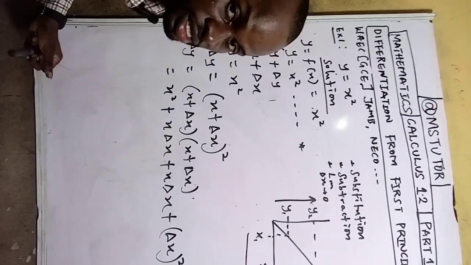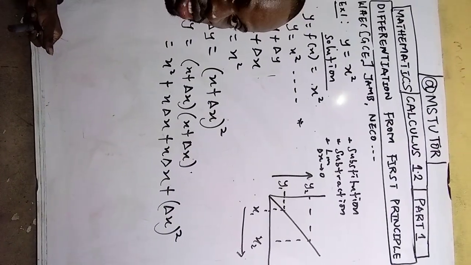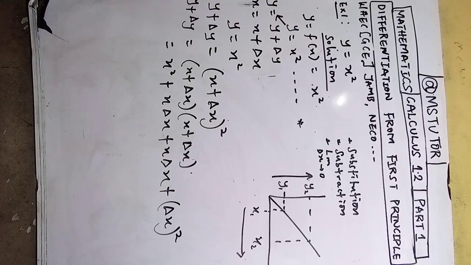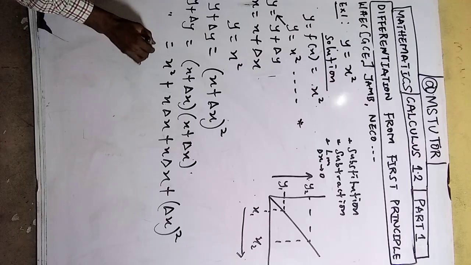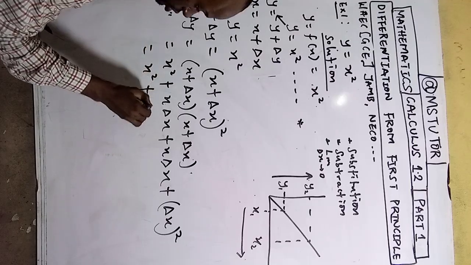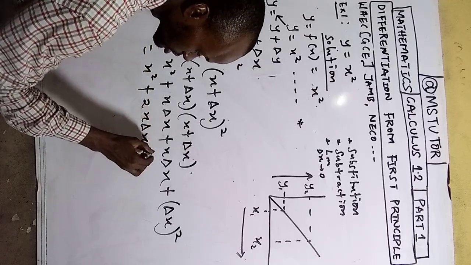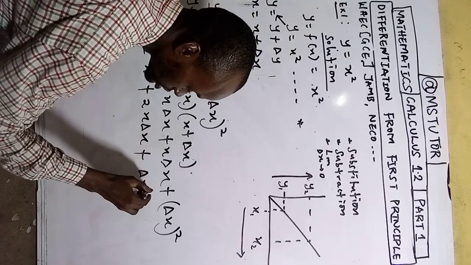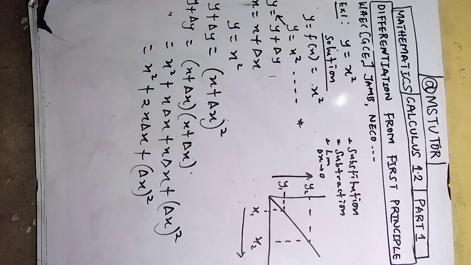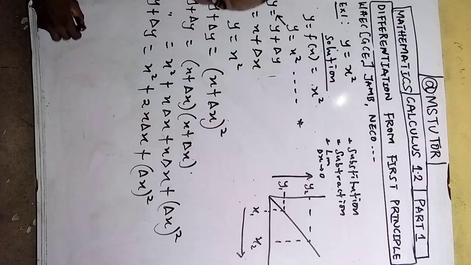On this part, that's the x squared there. So if I bring this together, what I have here gives me x squared plus 2x dx plus dx all squared. So here we have y, on this side we have y plus dy.